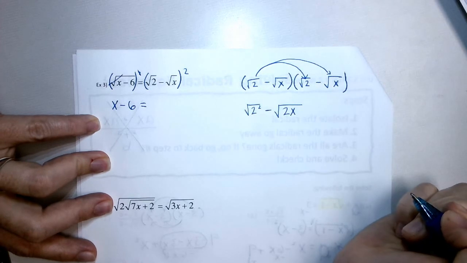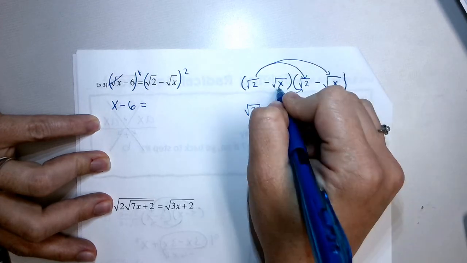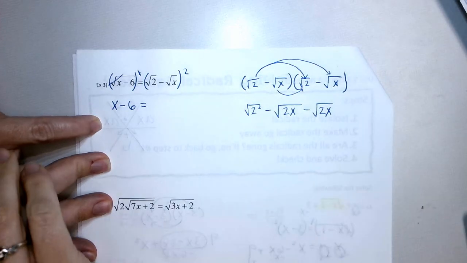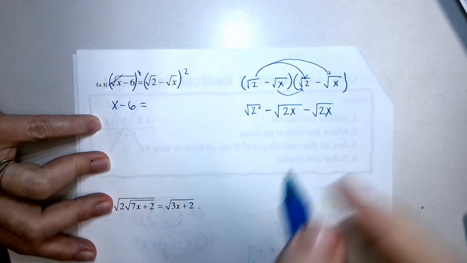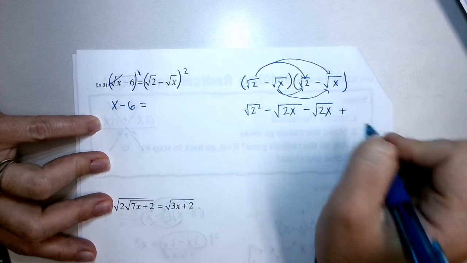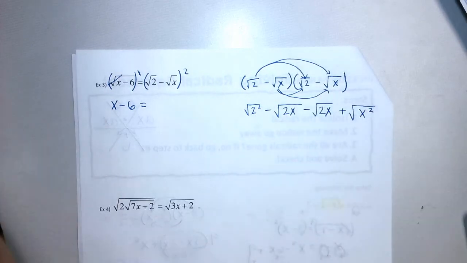And since they were both under the house, they both stay under the house. Now here's a negative times a positive, so again it's going to be minus the square root of x times the square root of 2, so again I get the square root of 2x. And then I have a negative times a negative, which is a positive. Square root of x times the square root of x is x. Any questions with how I got that?